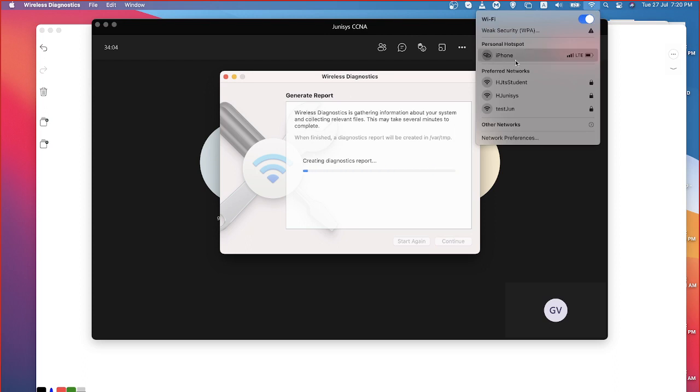I'm not able to connect to my hotspot also.